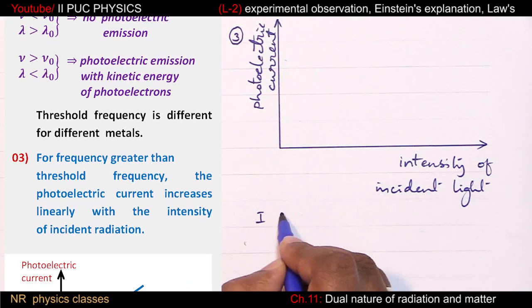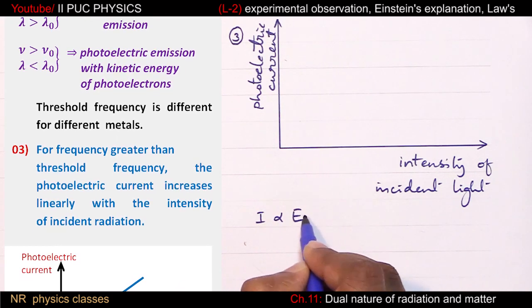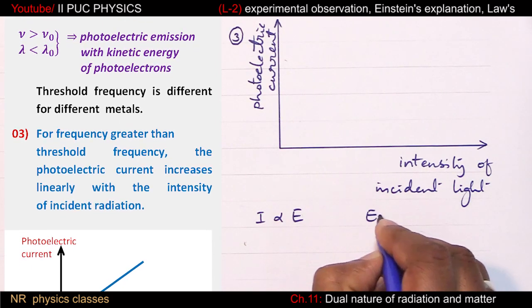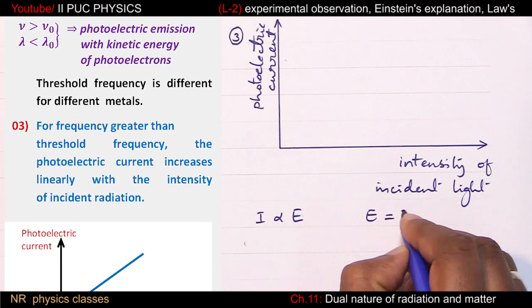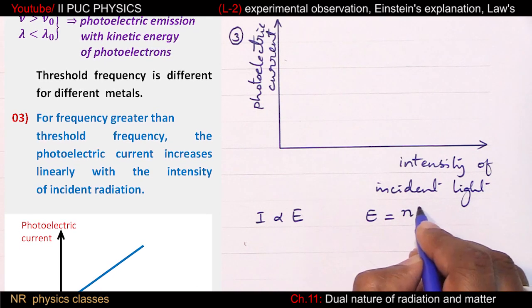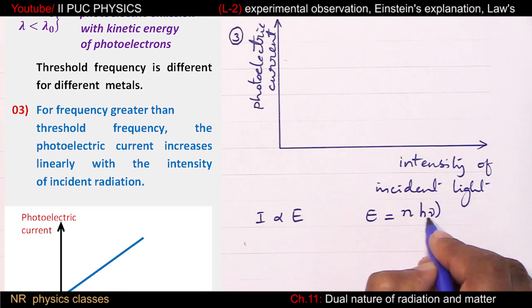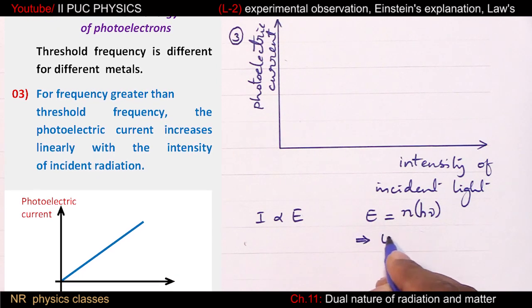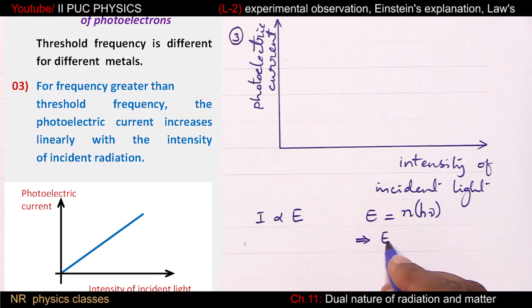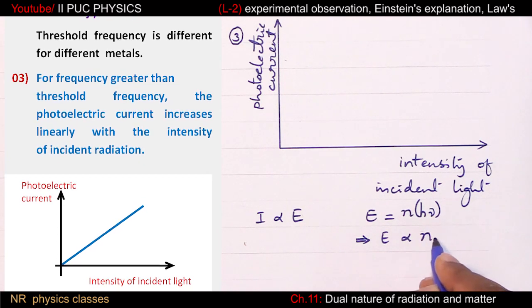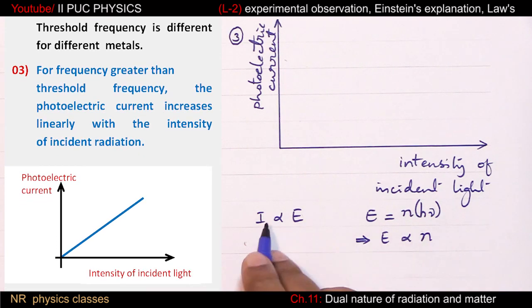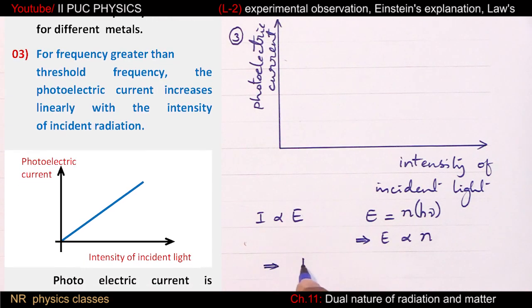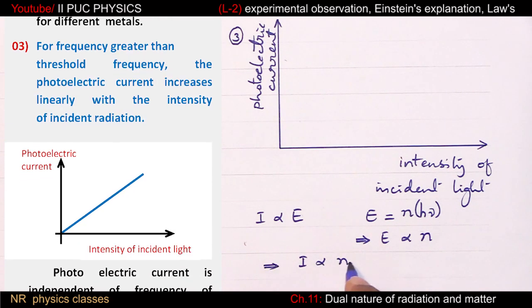Intensity is proportional to energy, and energy of radiation is equal to number of photons times energy of each photon. So energy is proportional to number of photons, and intensity is proportional to energy, which implies that intensity is proportional to number of photons.